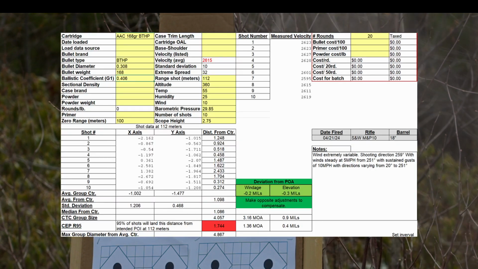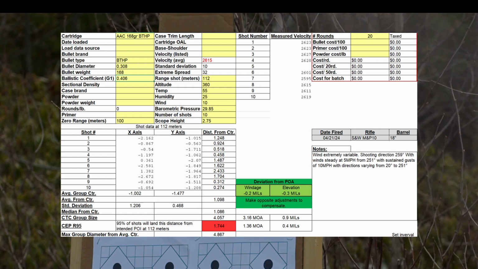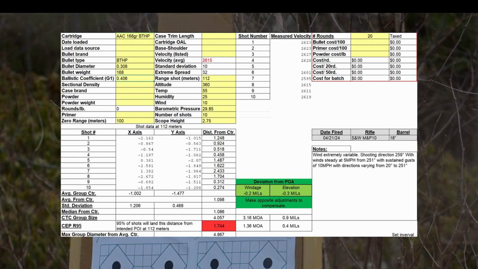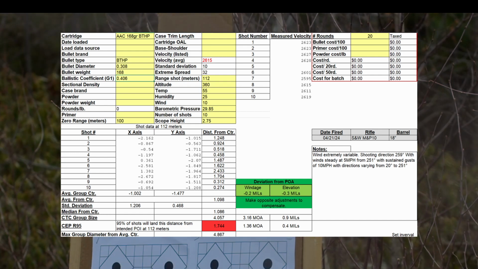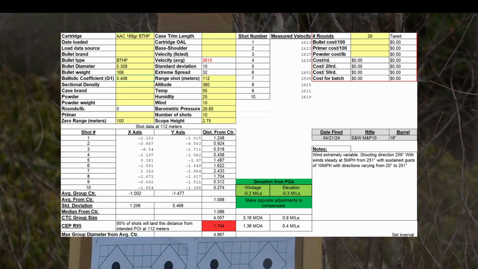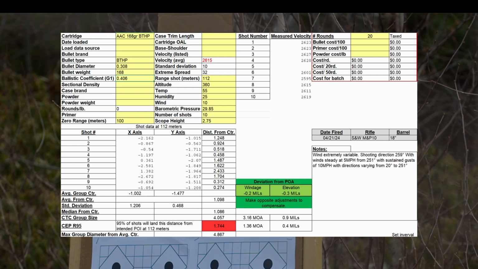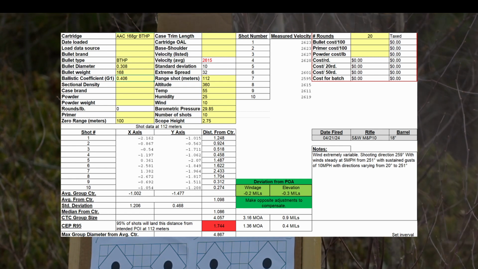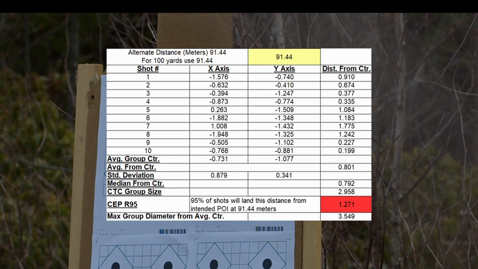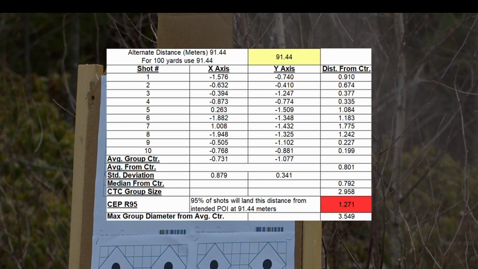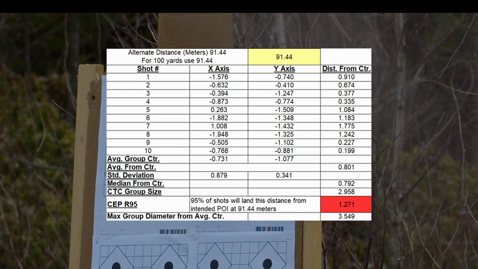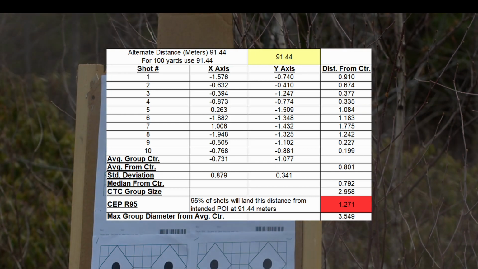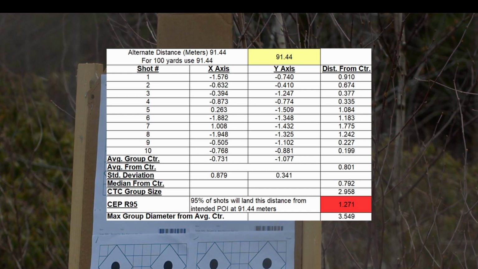Here you can see that our group size was, again, just over 4 inches at this range, with a circular error probable showing that 95% of our shots would land within 1.36 MOA. And this calculation shows that our group size at 100 yards would be just under 3 inches.